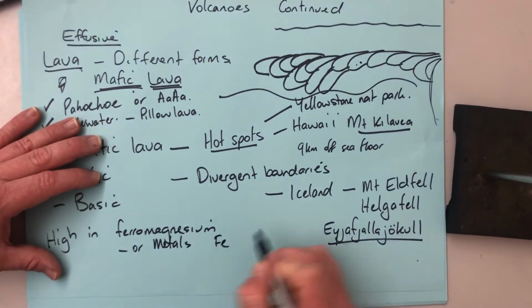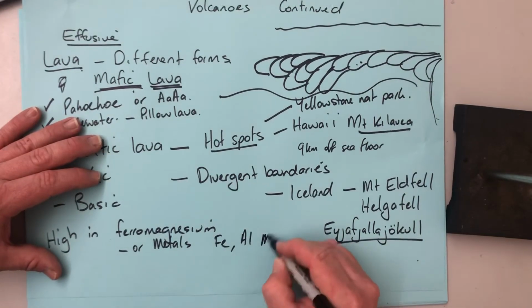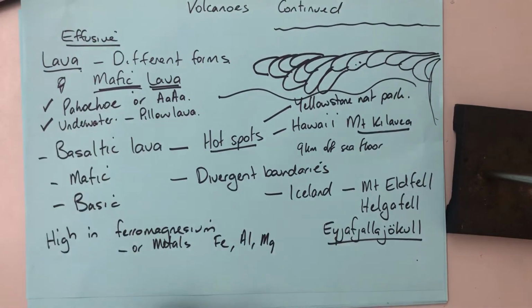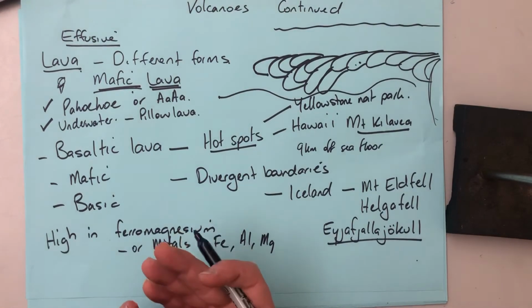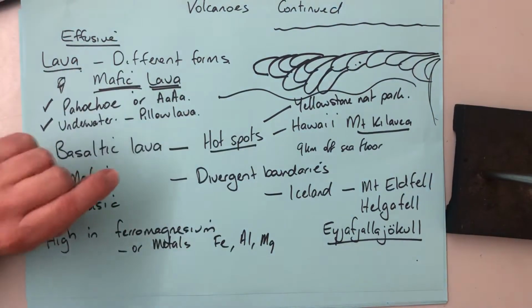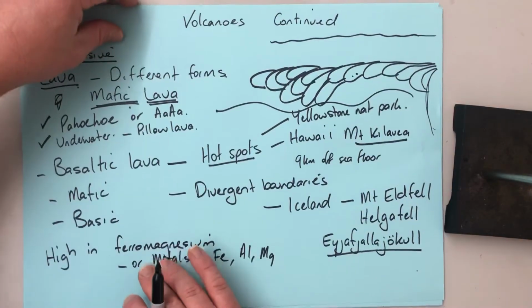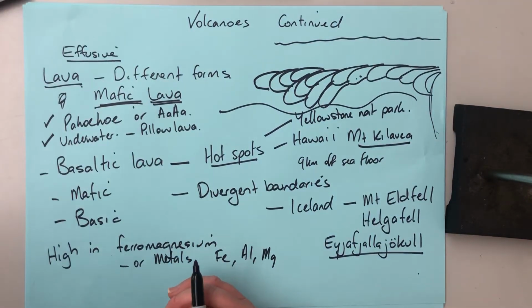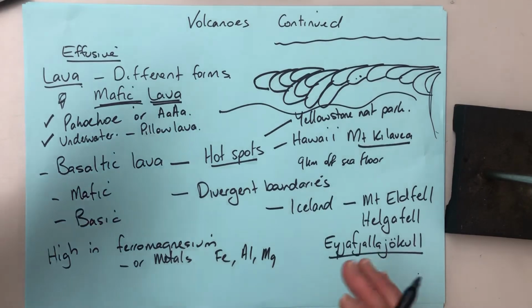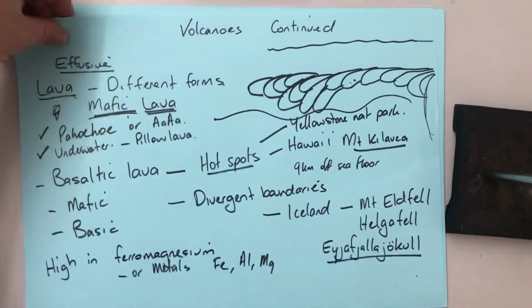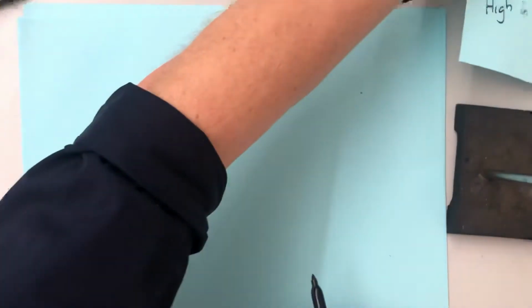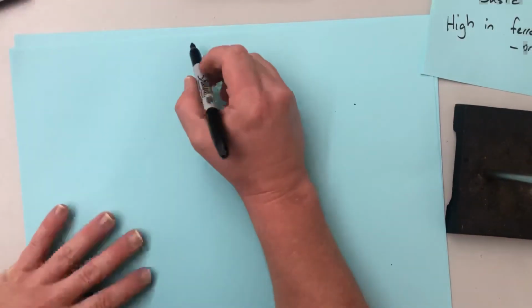High in iron, aluminium, magnesium. This is important later on because basaltic magmas and even ultramafic magmas contain a lot of precious metals that we access nowadays. All right, let's talk about felsic magmas.